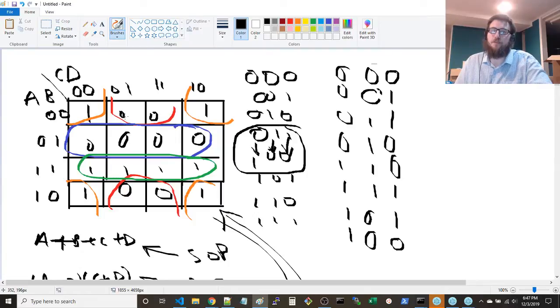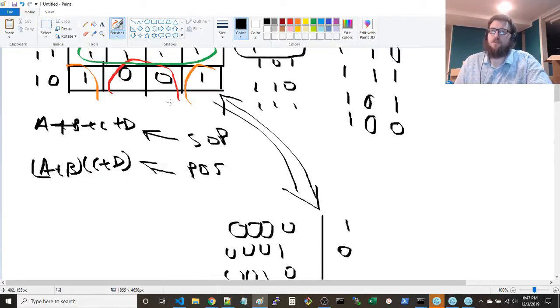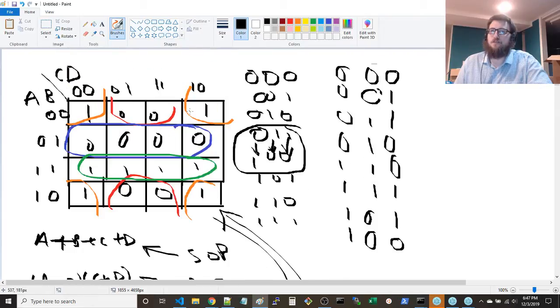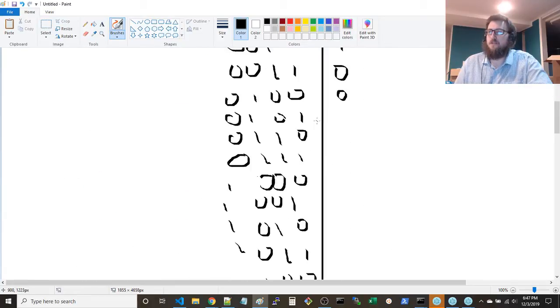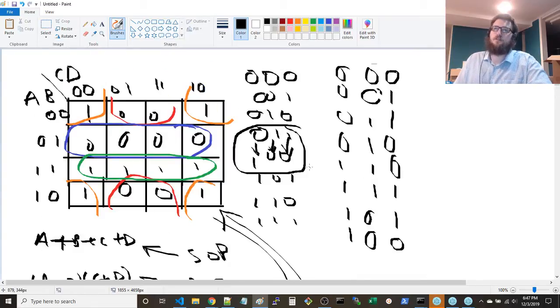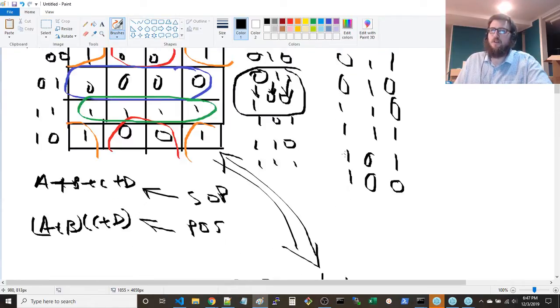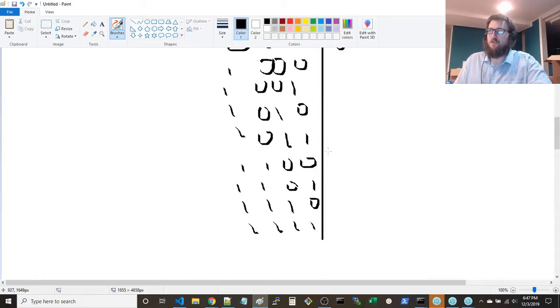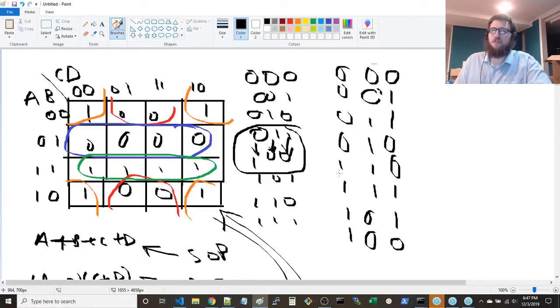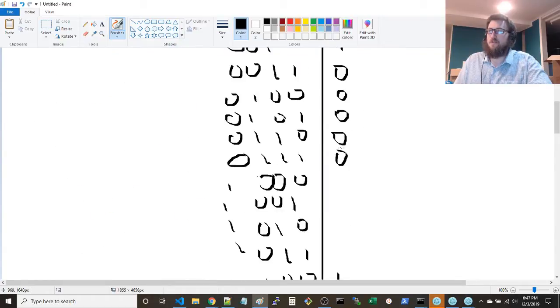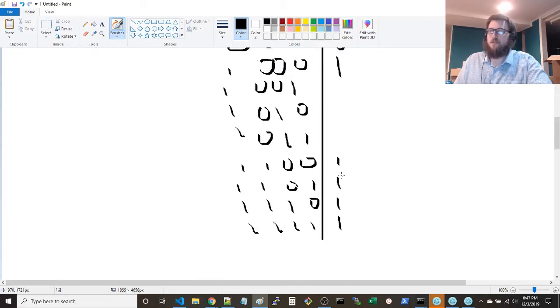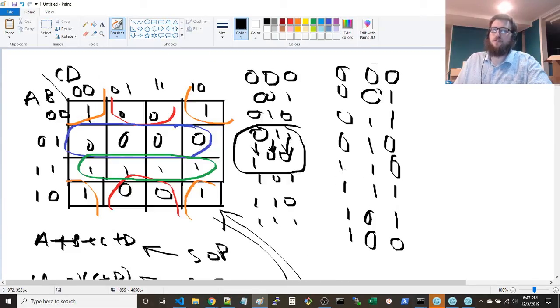I just kind of picked a bunch in this map, but we can give you the actual binary function. 0, 0, 1, 1 is 0, 0, 0, 1, 0 is 1, 0, 1, 0, 0 is 0, 0, 1, 0, 1 is 0, 0, 1, 1, 1 is 0, 0, 1, 1, 0 is 0, 1, 1, 0, 0 is 1, 1, 1, 0, 1 is 1, all the 1 1s in front are 1s, 1, 0, 0, 0 is 1, 1, 0, 0, 1 is 0, and finally 1, 0, 1, 1 is 0.